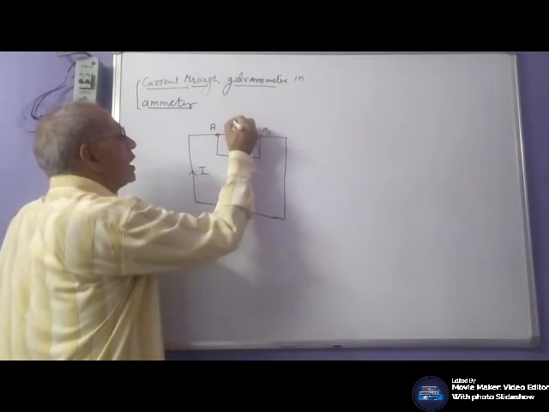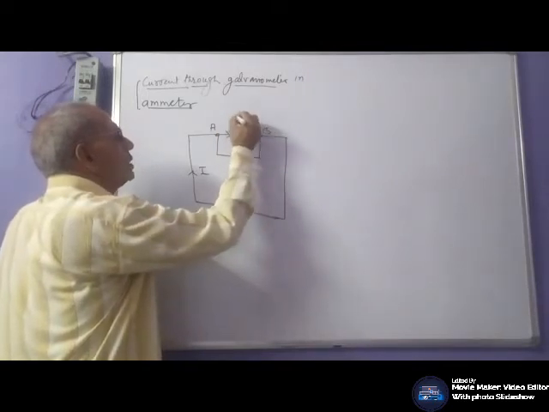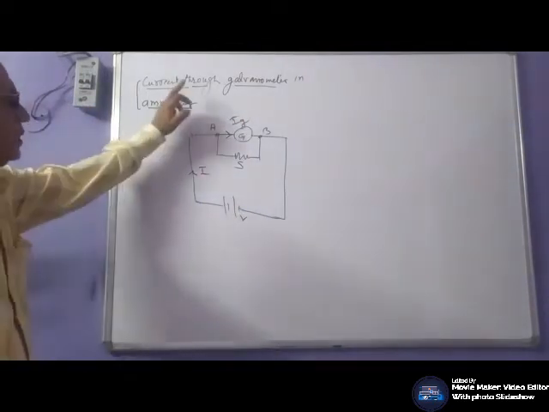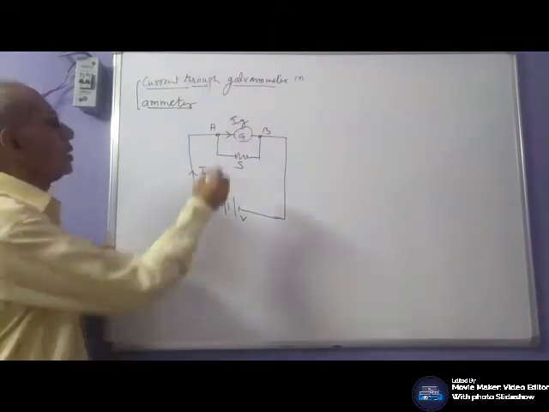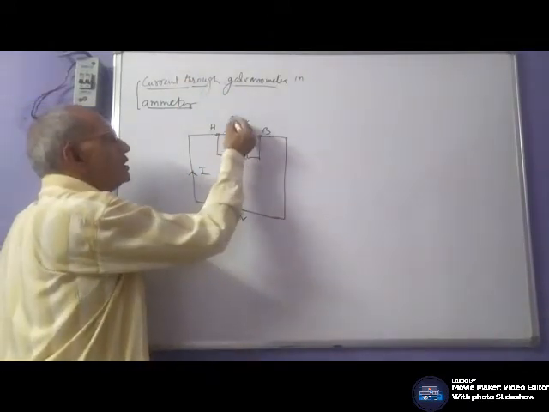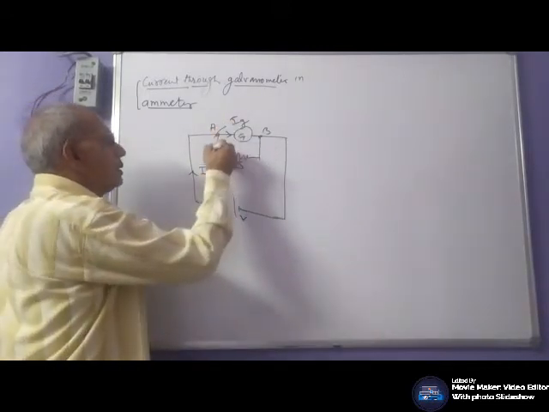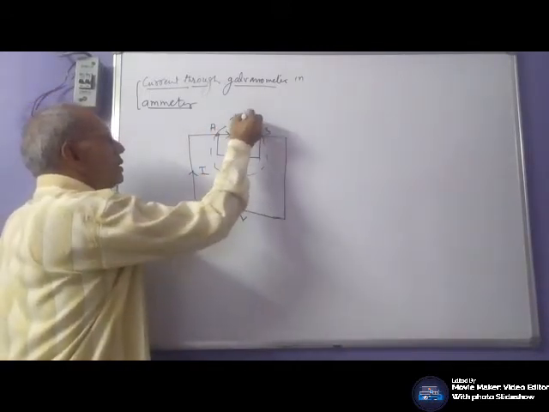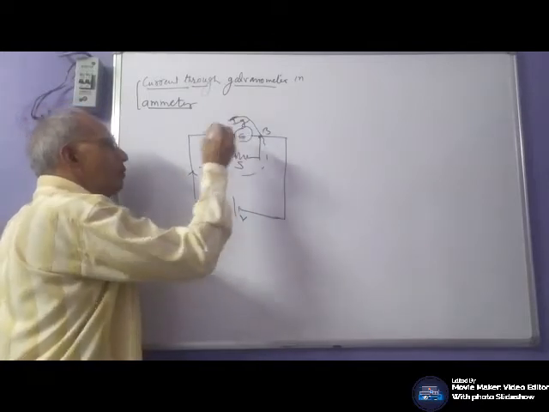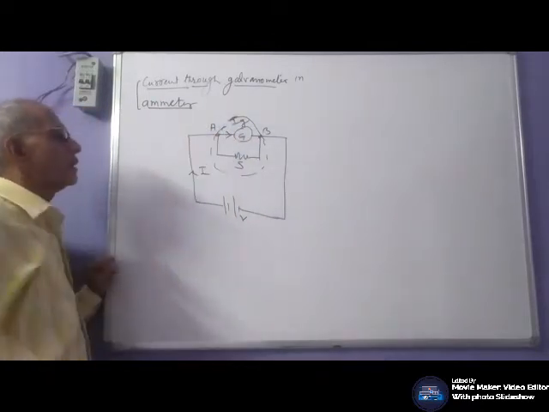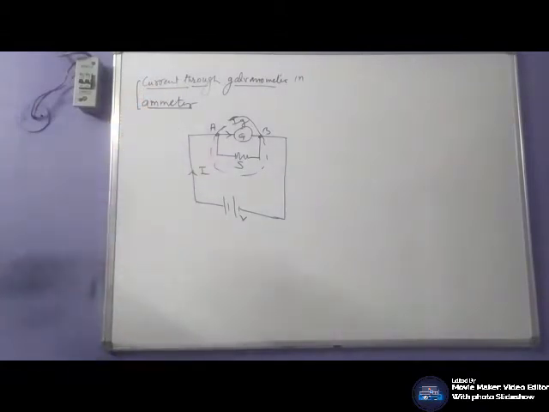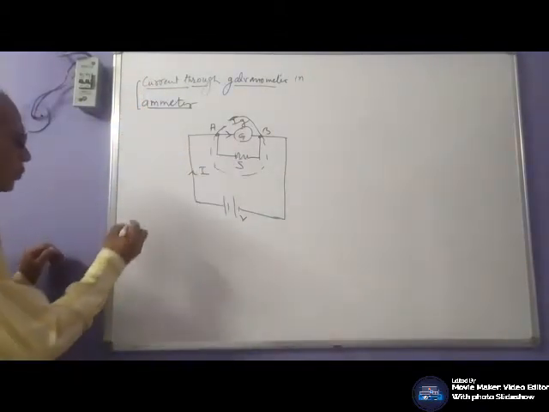What is the expression for the current through the galvanometer? Say Ig is the current through the galvanometer in the ammeter.